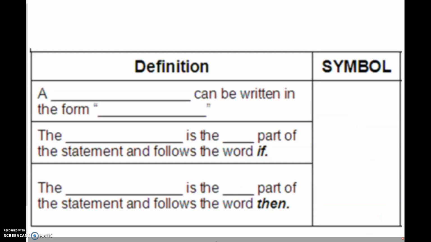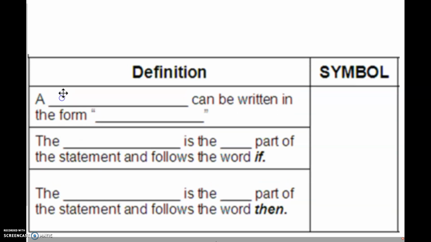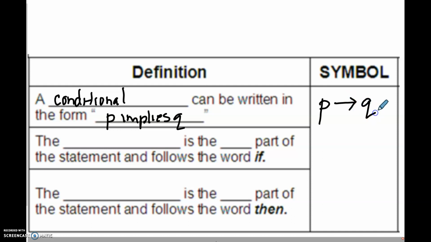So a conditional statement is something that can be written in the form P implies Q. And we write that as a symbol, P with this arrow between it implies Q. The hypothesis is the P part of the statement and follows the word if.